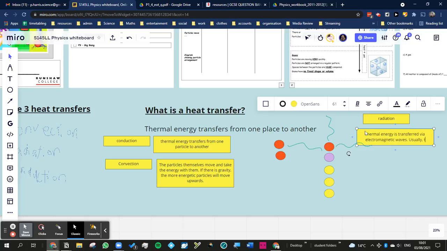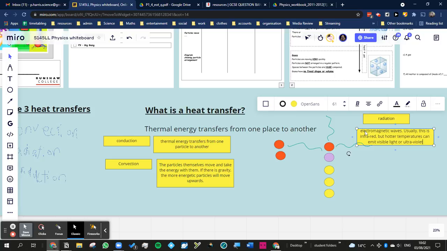Now, usually this is infrared, but hotter temperatures can emit visible light. And we know this because we see things that are very hot, they're glowing red, aren't they? And if they're even hotter, they might be white hot. But extremely hot things can even give out ultraviolet. So emit visible light or ultraviolet.